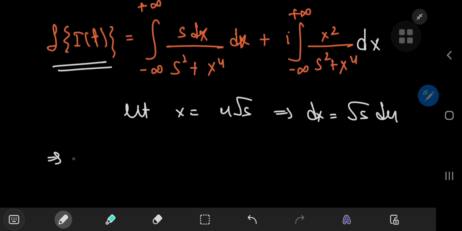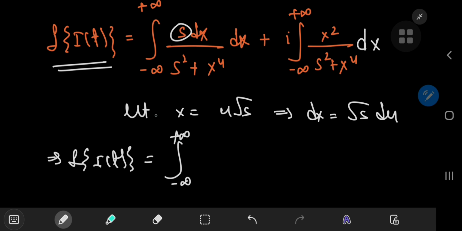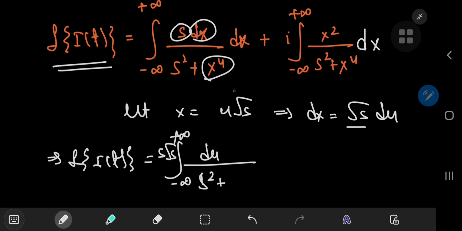So under the substitution, the Laplace transform of I of t equals the integral from negative to positive infinity, and this s here is just a constant, so pull it out. The differential element up here, square root s du divided by, now you have s squared plus, what's x to the fourth power?